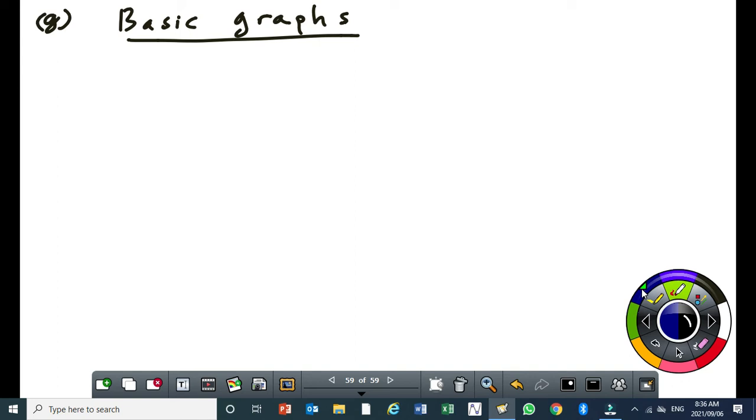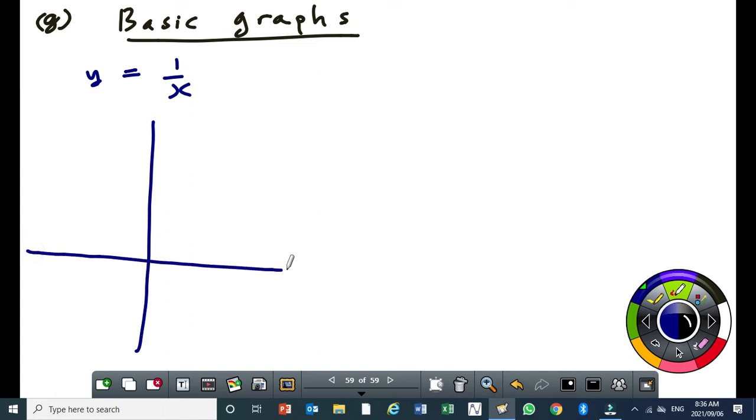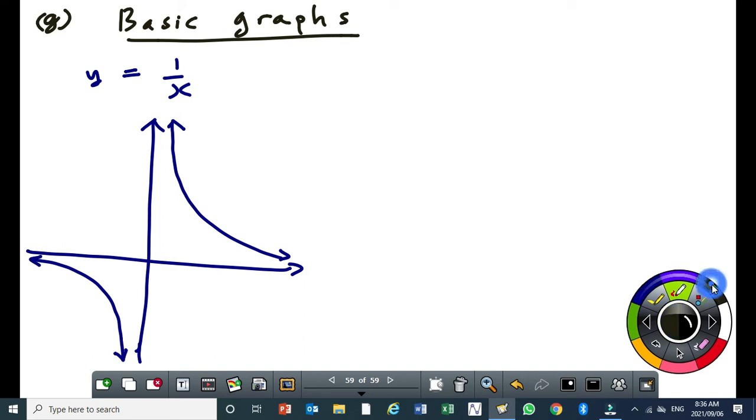Okay, y equal to 1 over x. If you sketch that, it looks like this. First curve in the first quadrant, second curve in the third. Okay, and the second one is y equal to minus 1 over x.